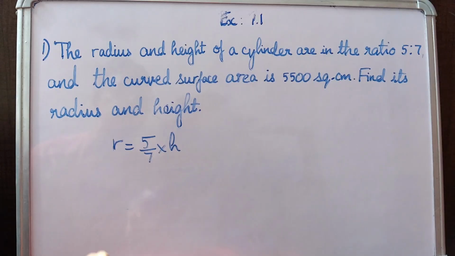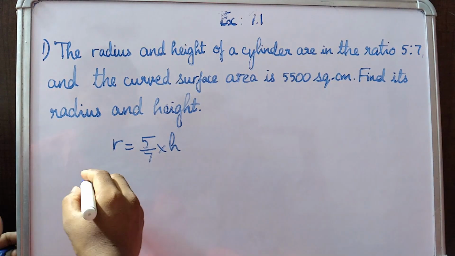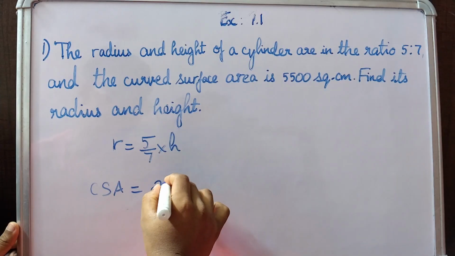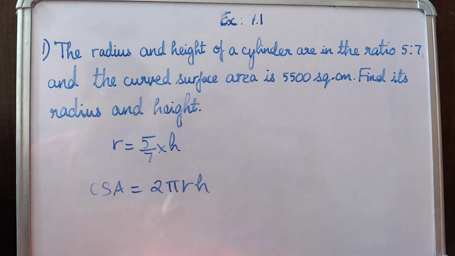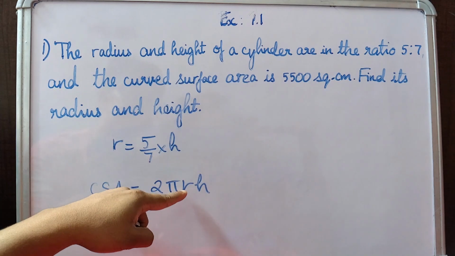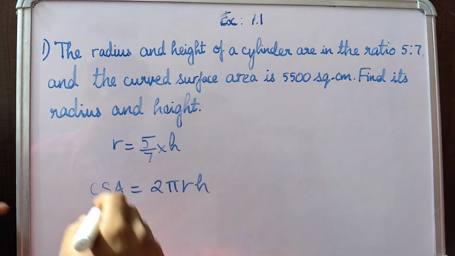So we know the formula of curved surface area as CSA is equal to 2 pi r into h. So we know the value of CSA, 5500, and we can replace this r with 5/7 into h.